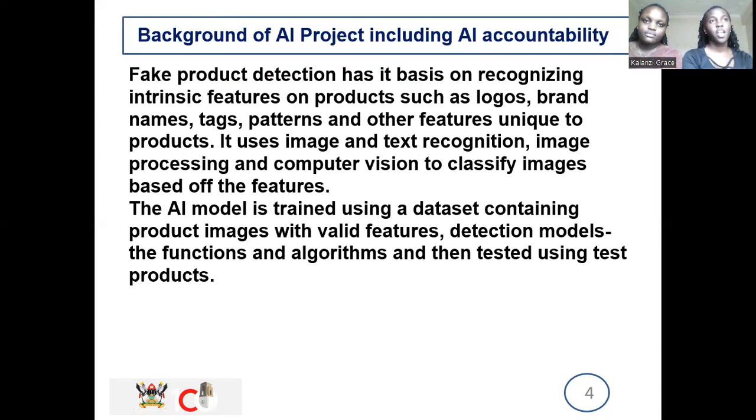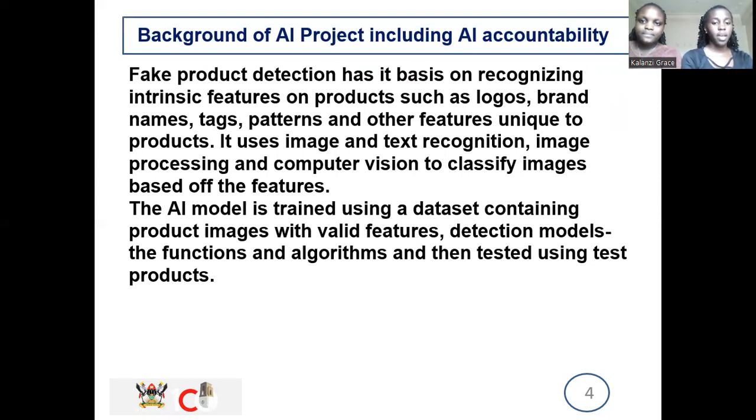Each product has features that can show whether it's original or fake. We can look at things like logos, brand names, tags, and patterns. It uses image recognition and text recognition for things like the brand names and the logos. Then it can classify these images into different categories, whether this is original or this doesn't look alike.